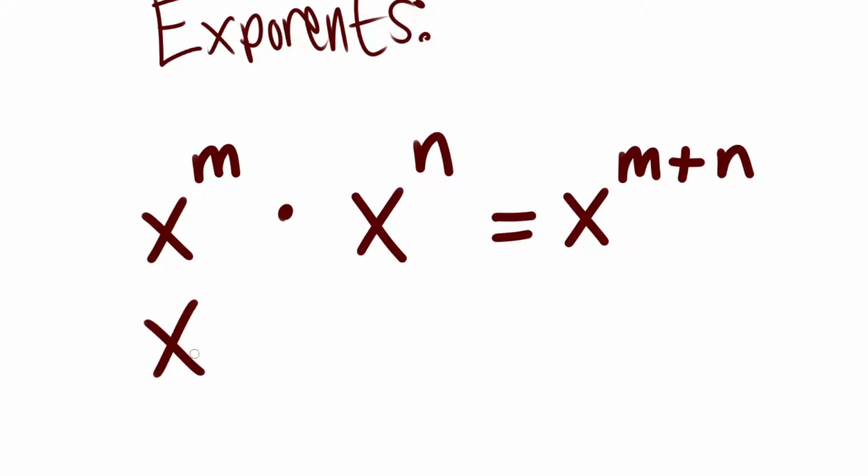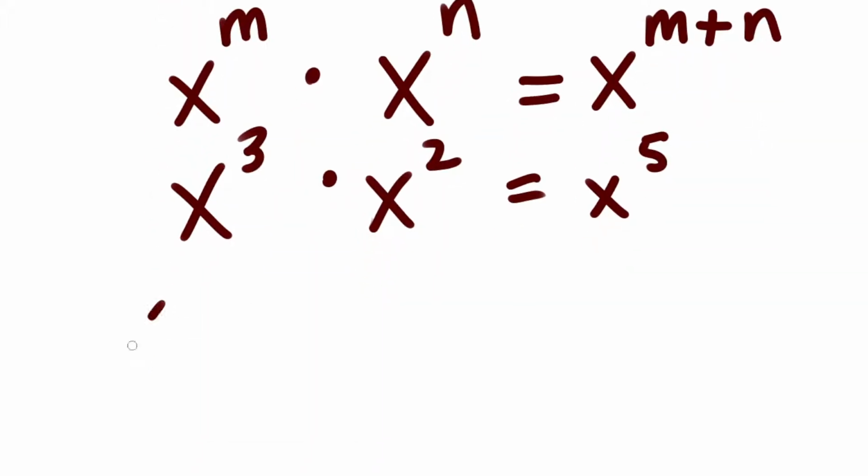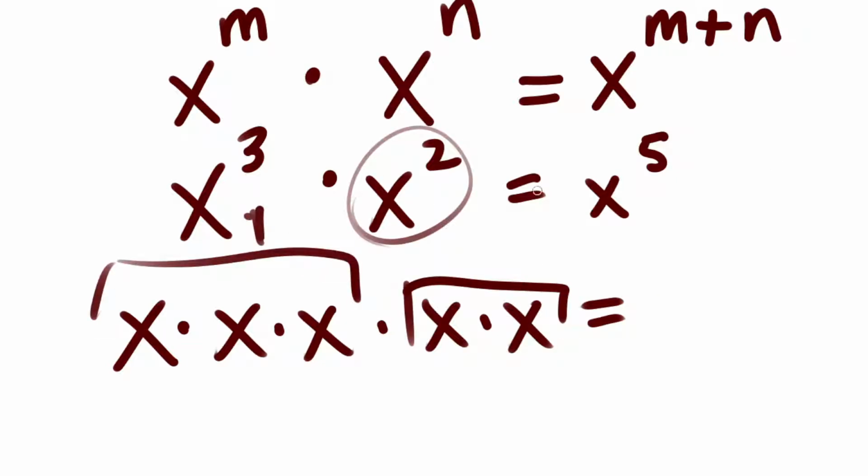So for instance, if we had x to the third times x squared, that will equal x to the fifth. The reason we're allowed to do that is because expanded this is x times x times x times x times x, which is 5 x's, because this is x squared and this is x cubed.